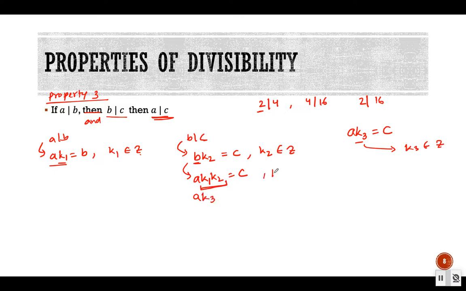So let's say k3 is k1 times k2, and from the closure property, the multiplication of two integers is also an integer. So we can write it like that, and we can say that a divides c.